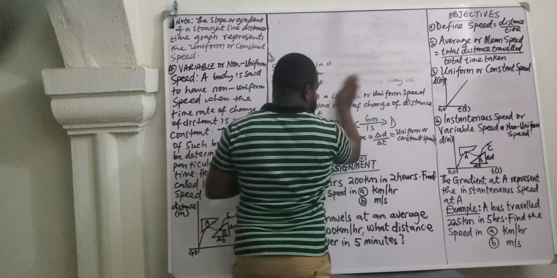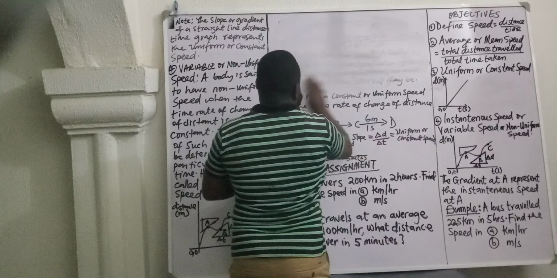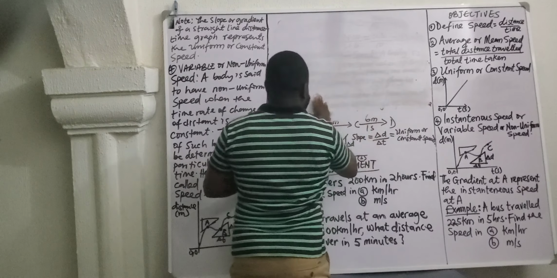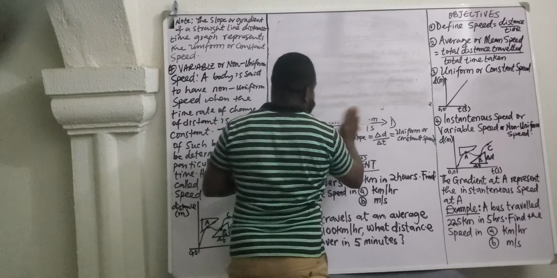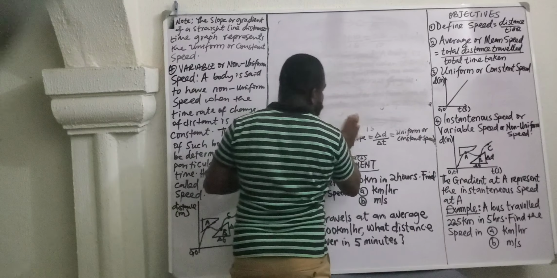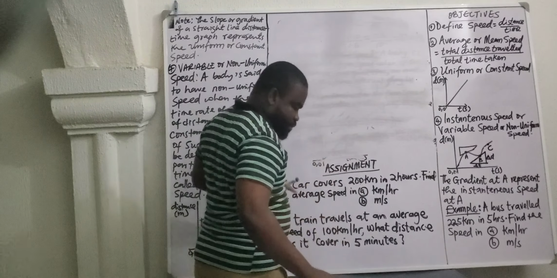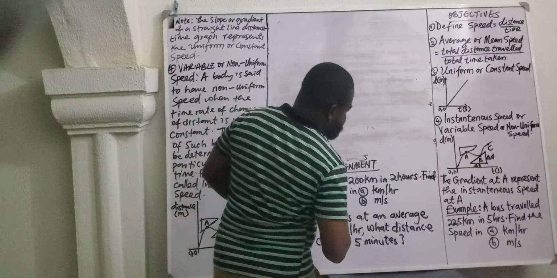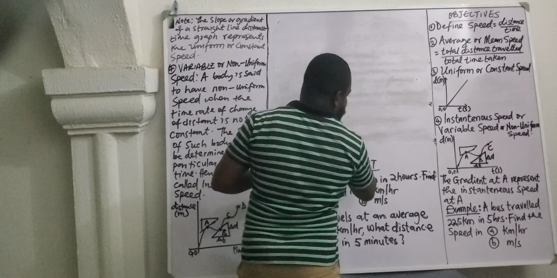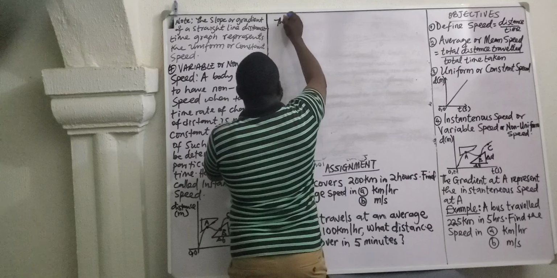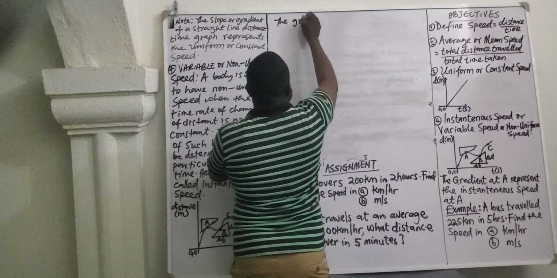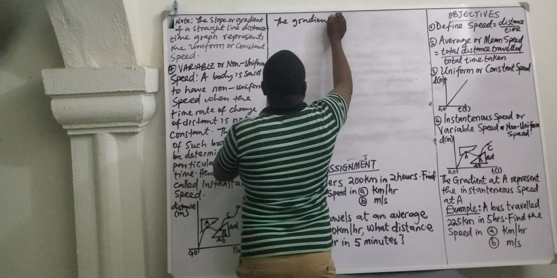Now, having gone through each of these terms, we can solve a particular example as we have here. So let me take this point now before I solve the example. I said the gradient also means slope.